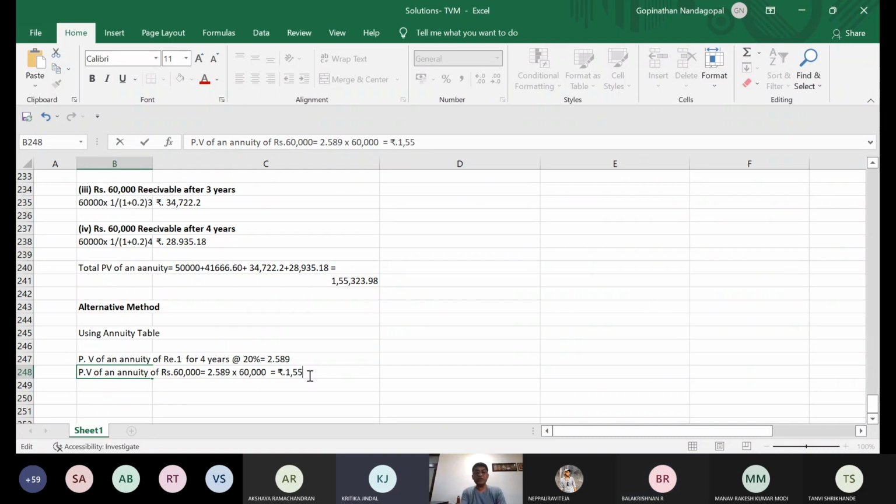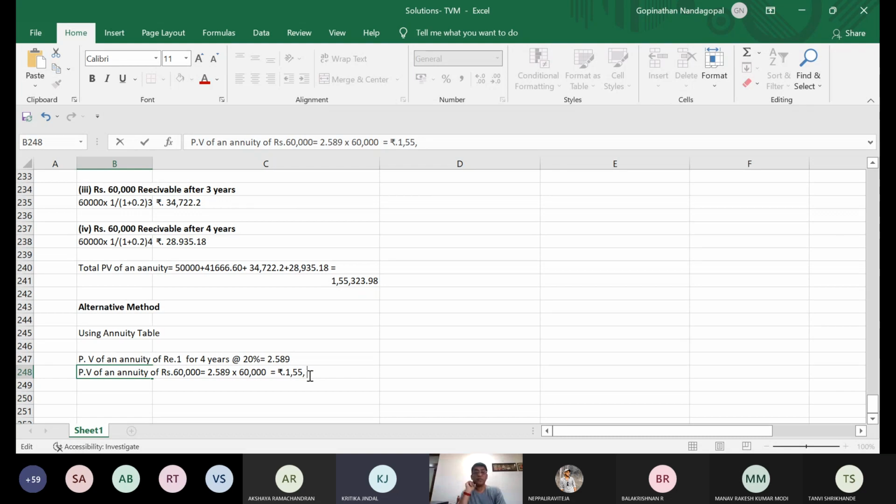It's okay, that difference will come because we have rounded off the annuity table value. The actual value is 2.5887. I rounded it off to 2.589. That's why.